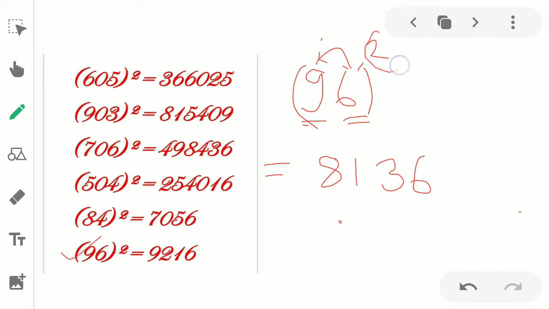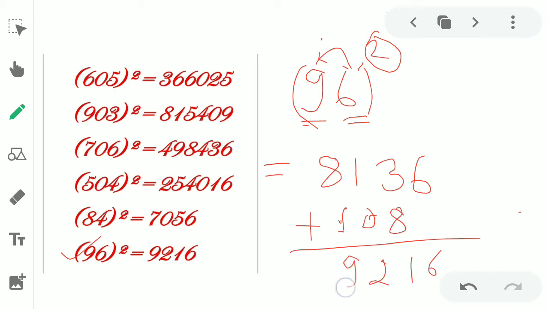We will double 54, which is 108. We will try to write in the middle, but 1 will be carried to next place. We add these numbers. We will get 9216, which is the square of 96.